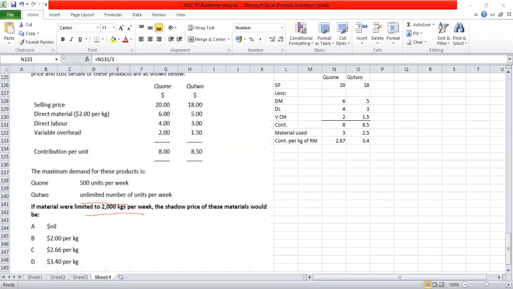What is the additional contribution generated by adding one additional unit of the limiting resource? In that case, 3.4 is the situation and it can go on an unlimited basis. So it would be 3.4. So shadow price is equal to 3.4.